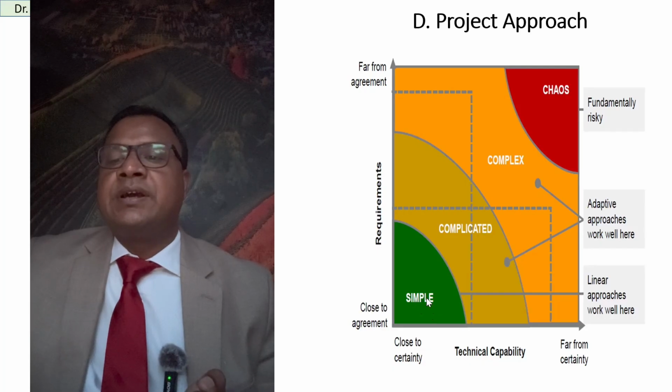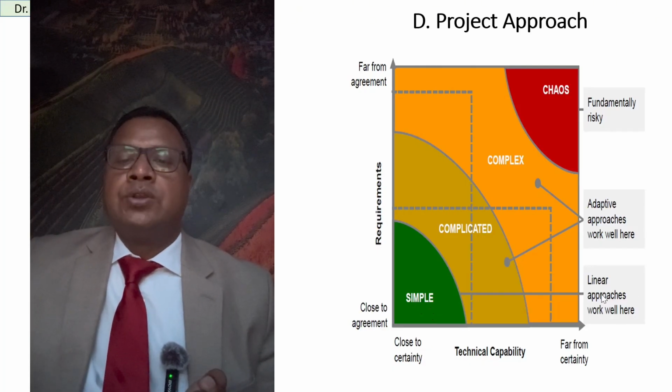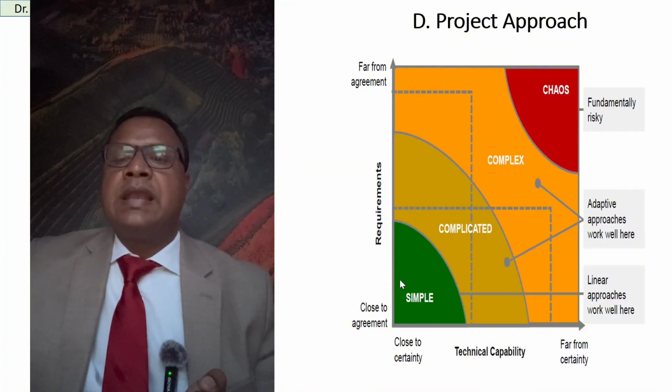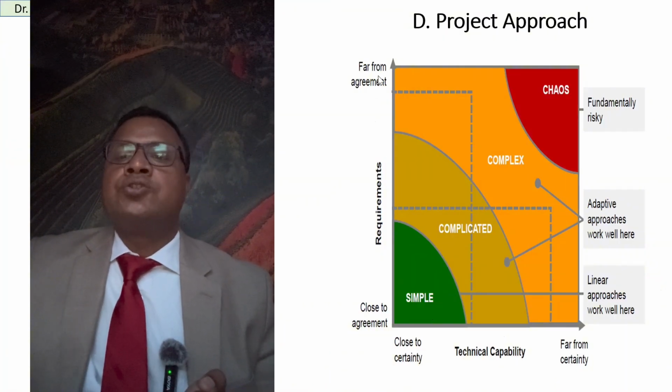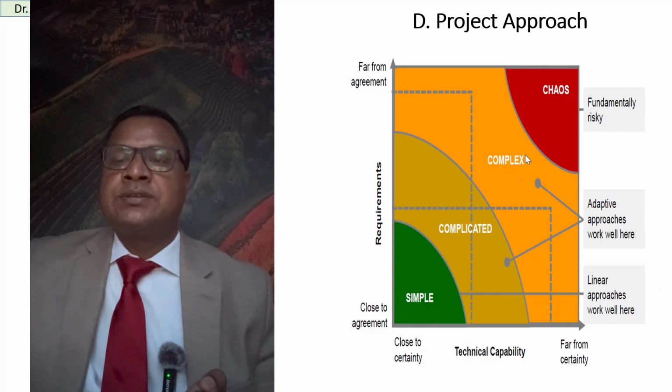So linear approaches work well there. You need not think more about anything, because everyone is agreed on everything and there is not much technical capability. But as technical capacity increases, and as the agreement goes far from agreement, I mean disagreements are there, it becomes complicated, it becomes complex.